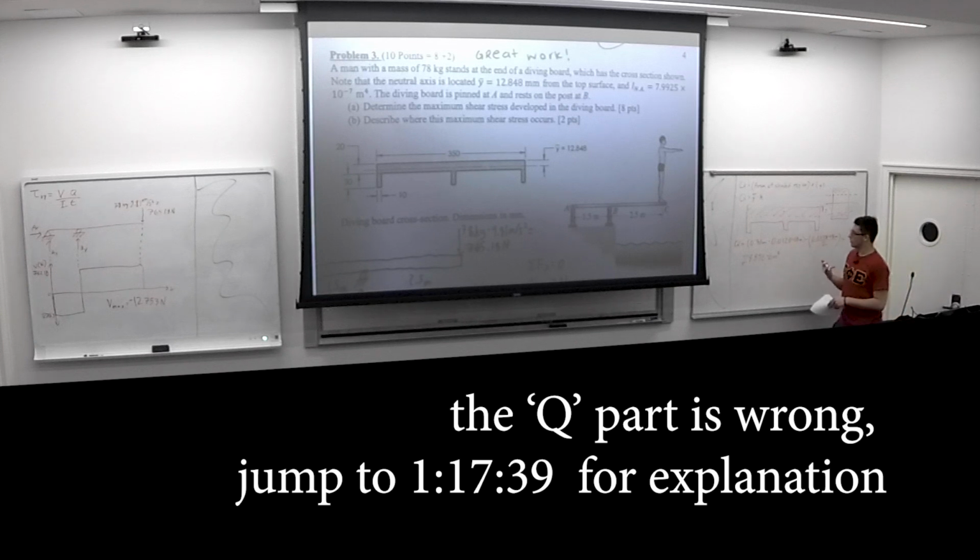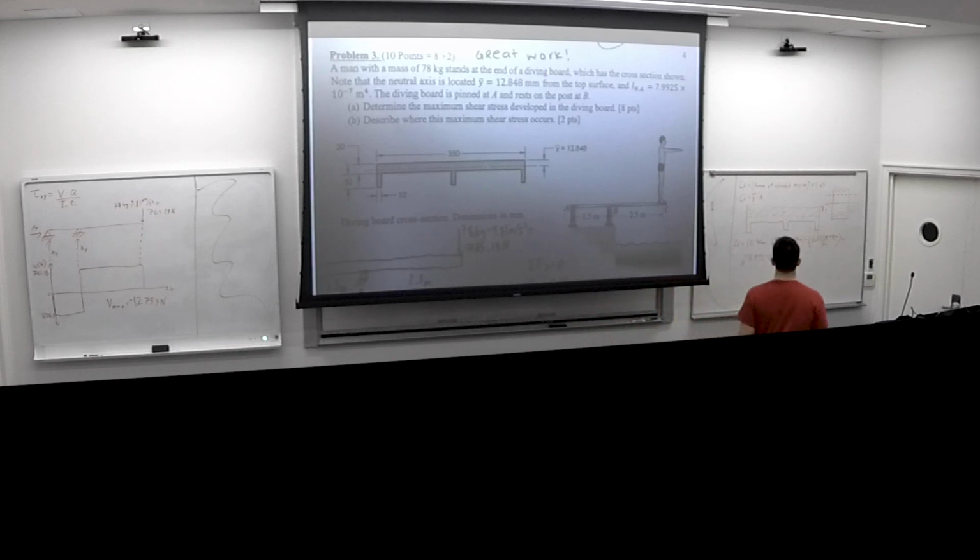Okay. So now we have 2 of the 4 things that we need for the equation. We found V, we found Q. Now we need I and T. They were nice and gave us I for this one. It says I is 7.9925 times 10 to the negative 7.